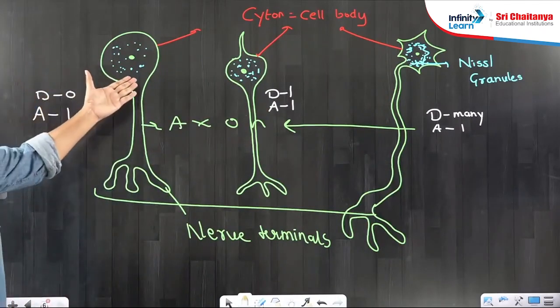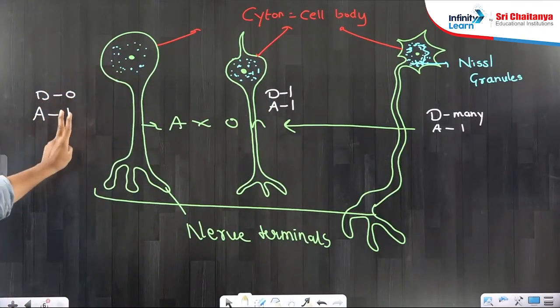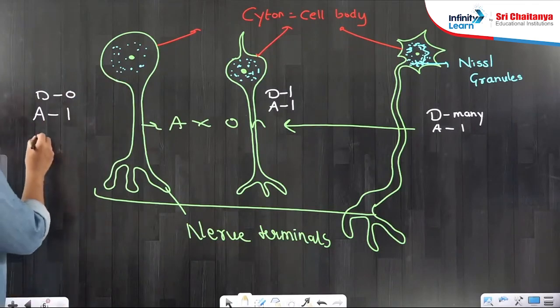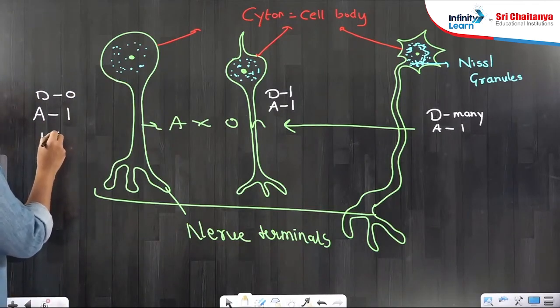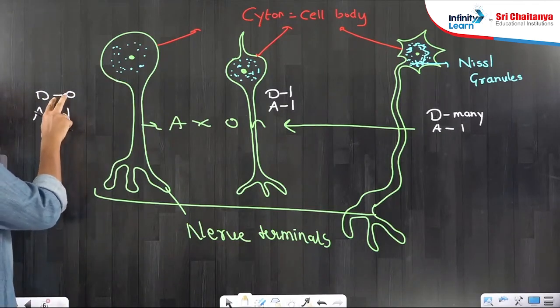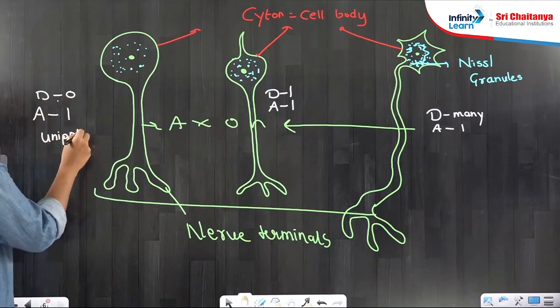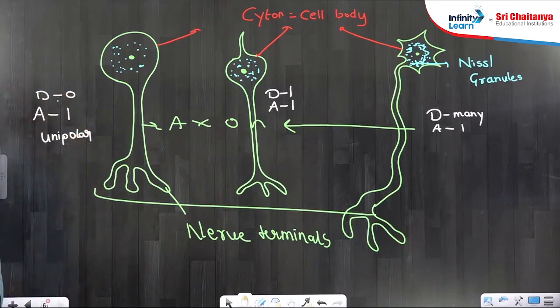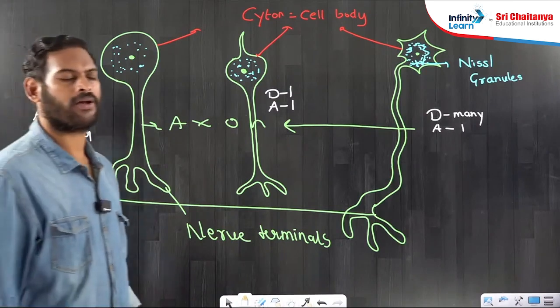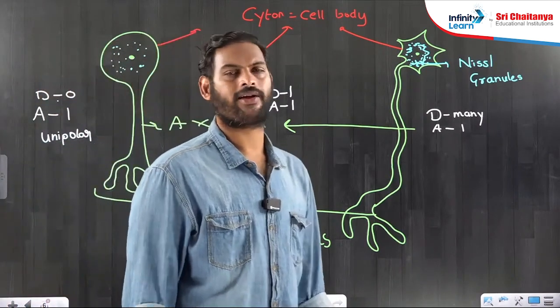So the neuron with no dendrites, only axon, this was referred to as unipolar neuron, found in embryonic stages of our brains; embryonic neurons, we call them.